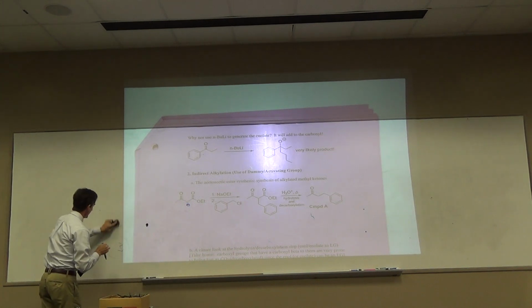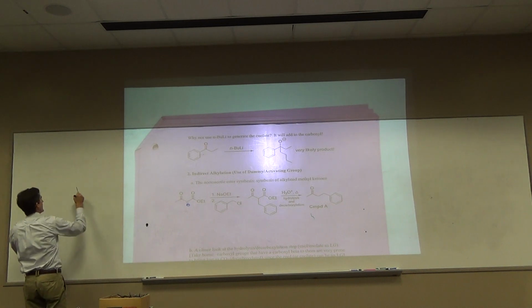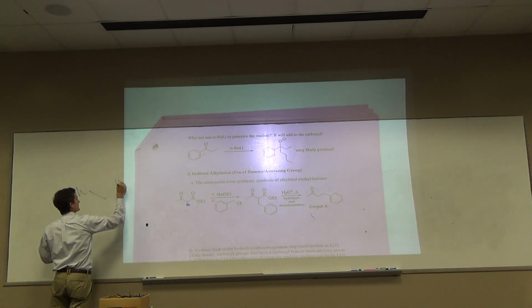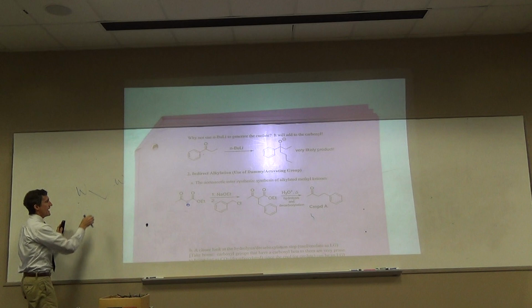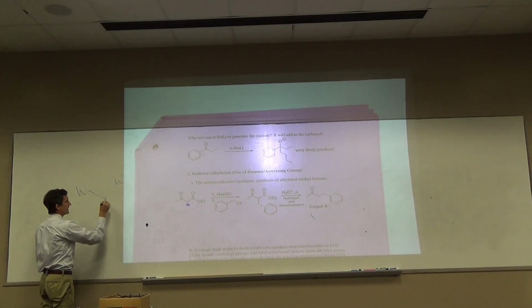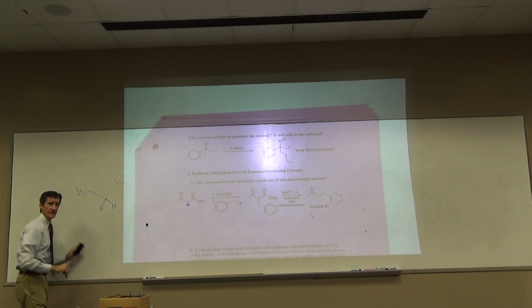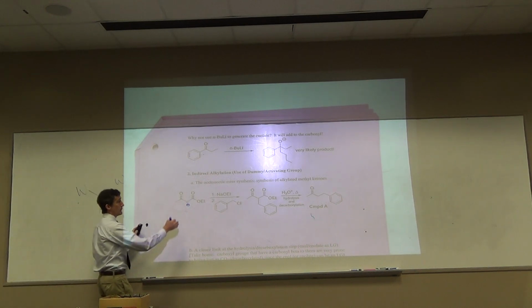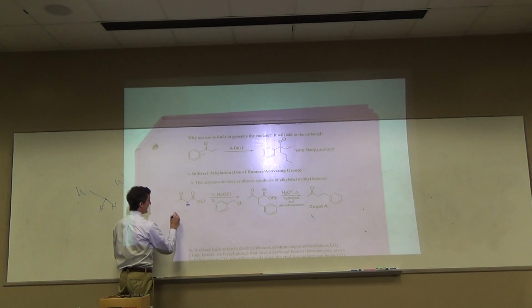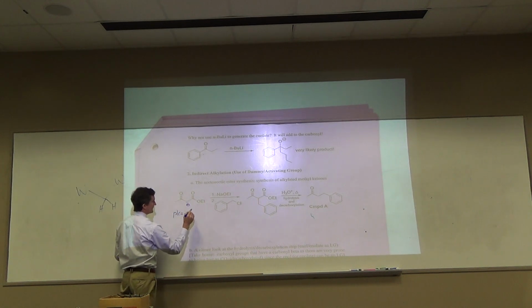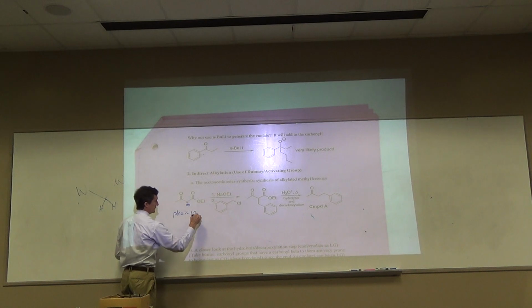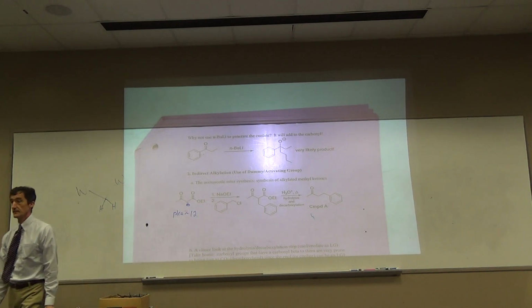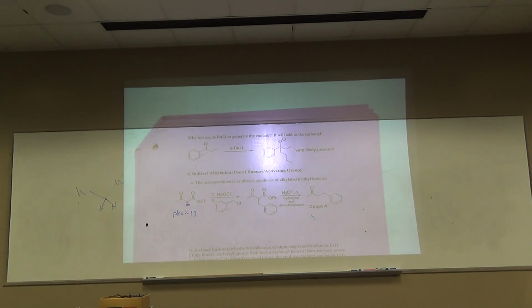This is an example of a compound that has 2 electron withdrawing groups. And the CH here is even more acidic, instead of 20. With this particular one, pKa is about 12 instead of 20.